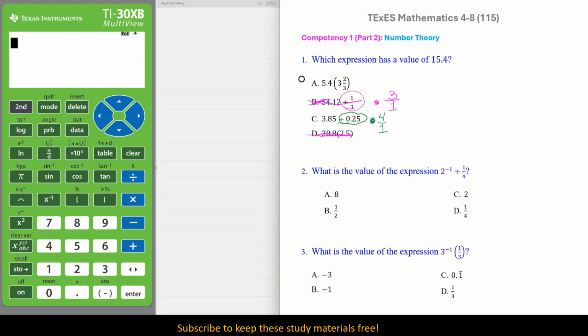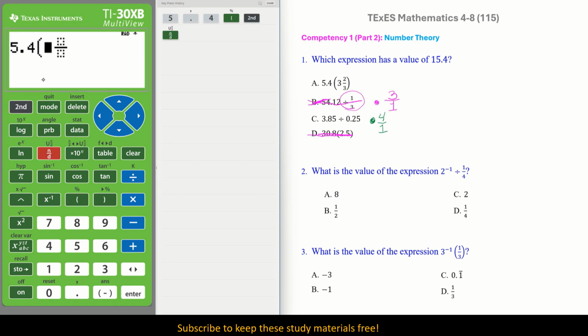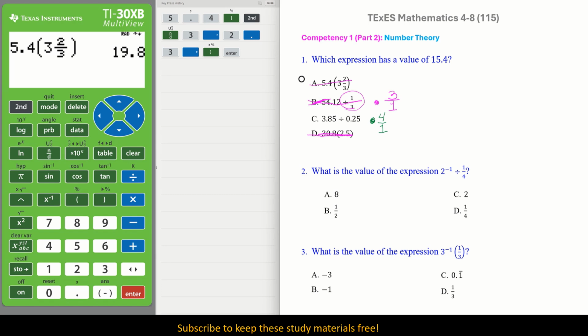Okay, I'm going to erase this so we can see what we're doing. Let's put this in the calculator. Let's put in A: 5.4, then parentheses, then second fraction, which gives us our mixed number. 3, arrow over, 2, arrow down, 3, arrow over, close parentheses, push enter. Very large, obviously not acceptable. But I want to put in B so you can see what it looks like.